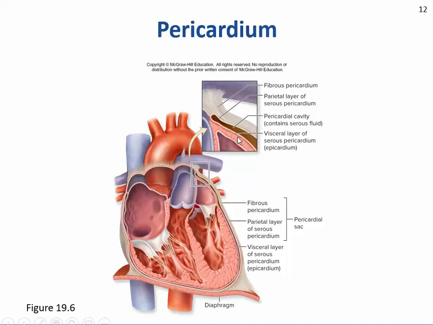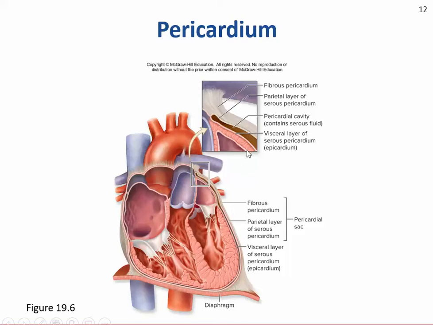It's filled with fluid. Now, the visceral layer, because it really forms the outer layer of the heart wall, is often called the epicardium. These two names are interchangeable. The muscular layer here, all of this, is called the myocardium, which means muscle heart.